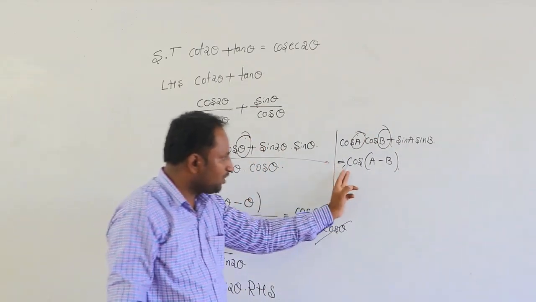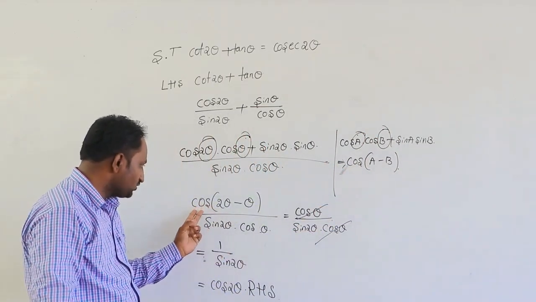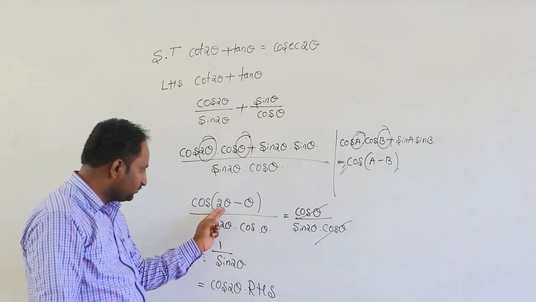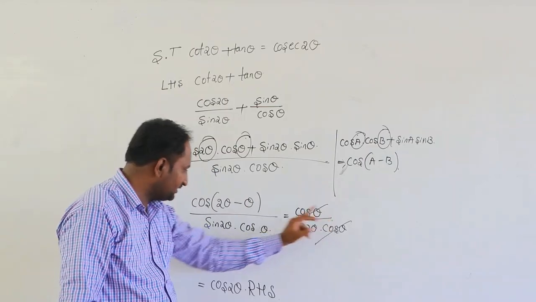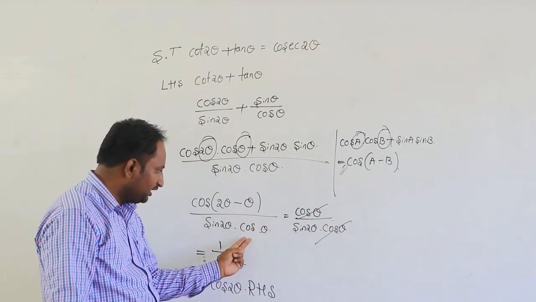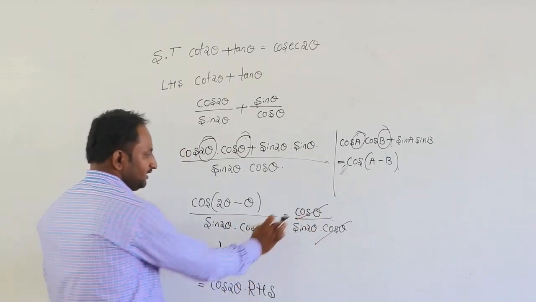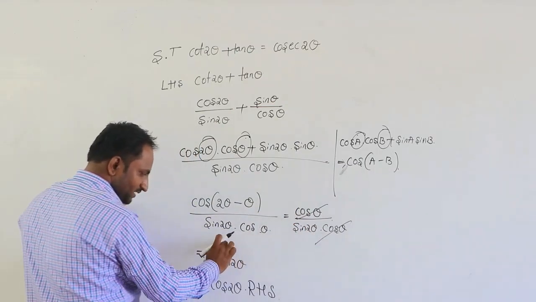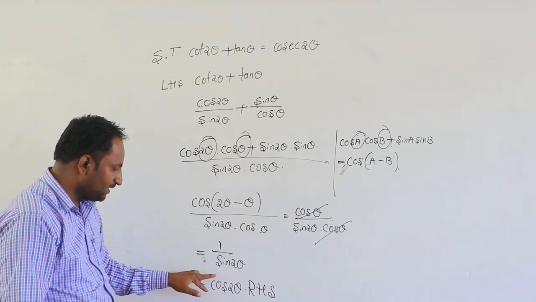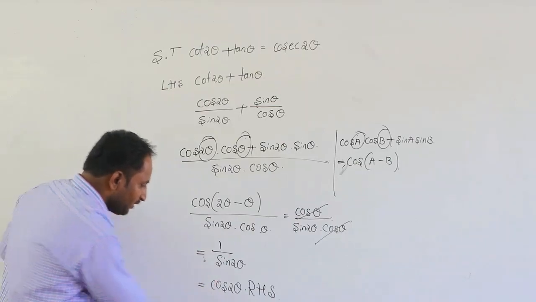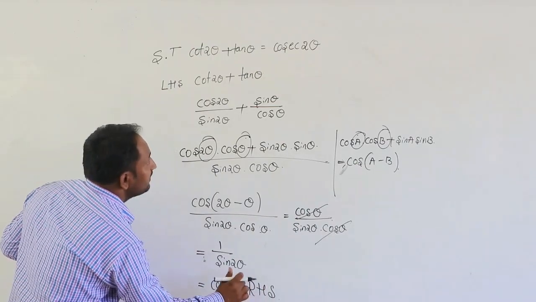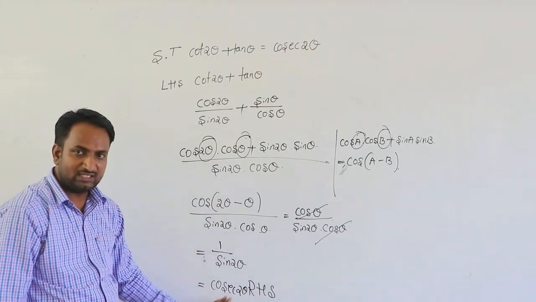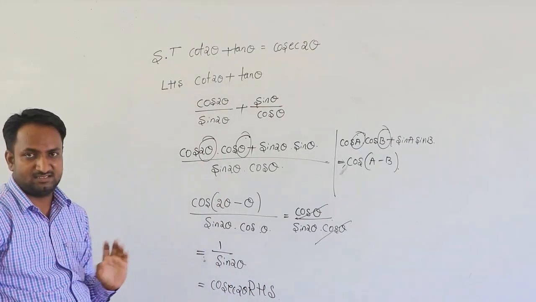Then cos of A minus B is cos of 2 theta minus theta, which means cos theta, divided by sin 2 theta into cos theta. Then cos theta gets cancelled. We get 1 divided by sin 2 theta, which means cosec. Here it is cosec 2 theta. That is the RHS result.